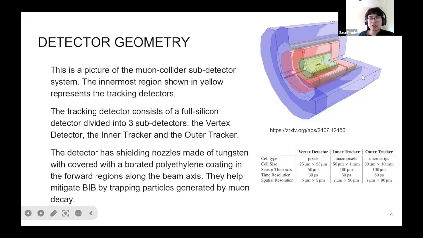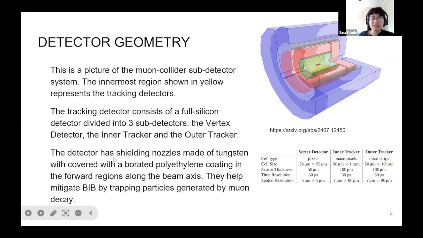So this is a picture of the muon collider detector. The innermost region shown in yellow represents the tracking detectors. The tracking detector consists of a full silicon detector divided into 3 sub-detectors: the vertex detector, the inner detector, and the outer tracker.